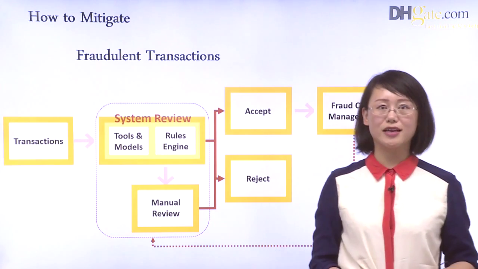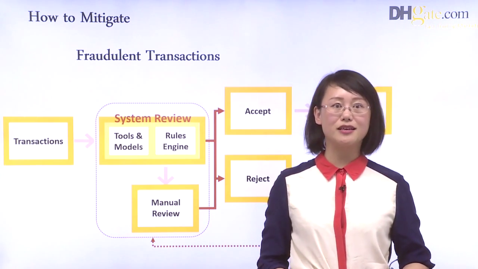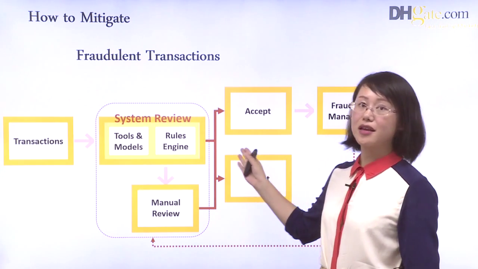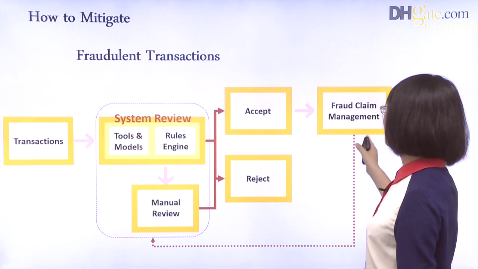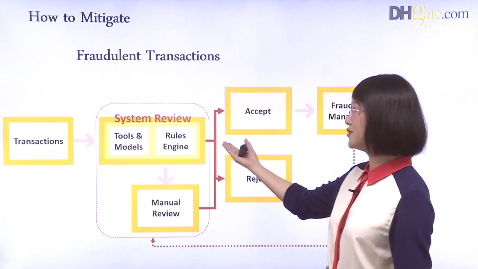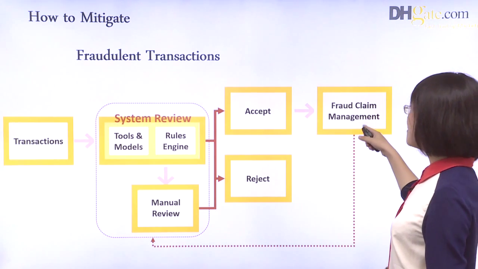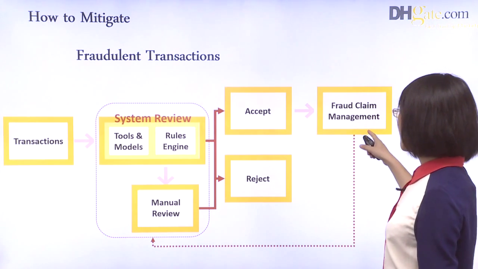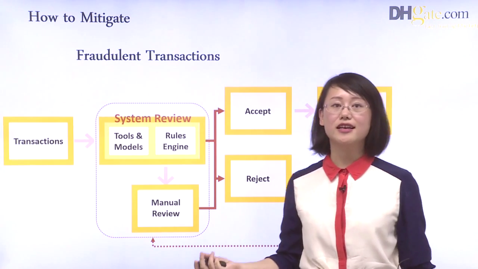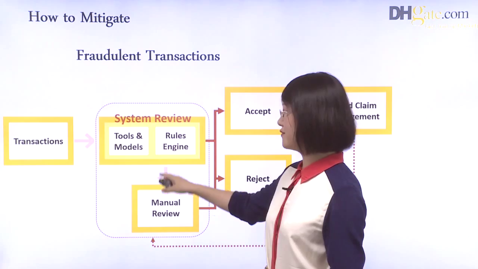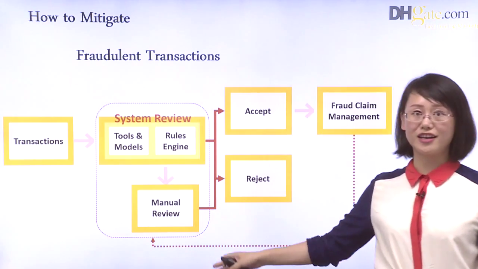Finally, all the transactions will be either accepted or rejected. As you can see, there may still be some fraud claims after you accepted the transactions. Here we have fraud claim management. After analyzing the fraudulent transactions, you can tune your system review and manual review accordingly.